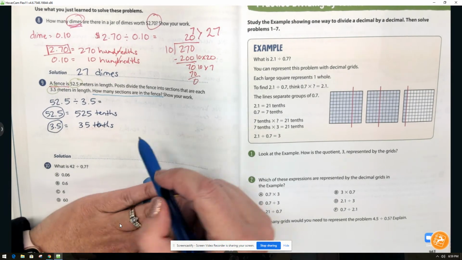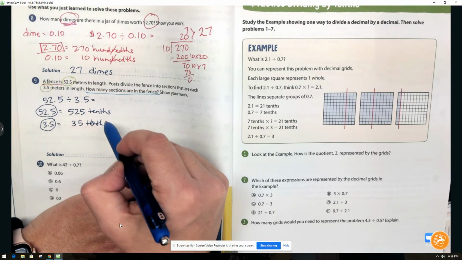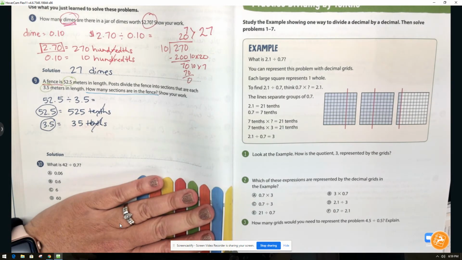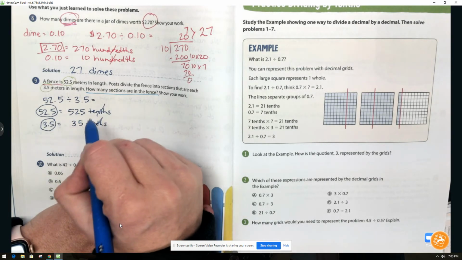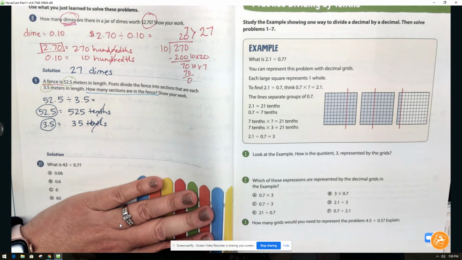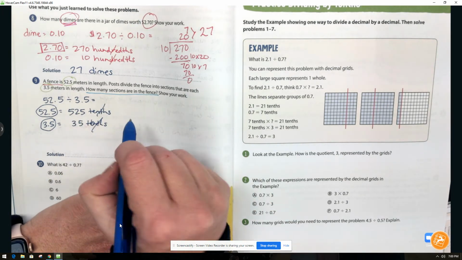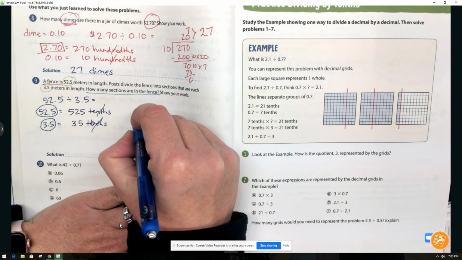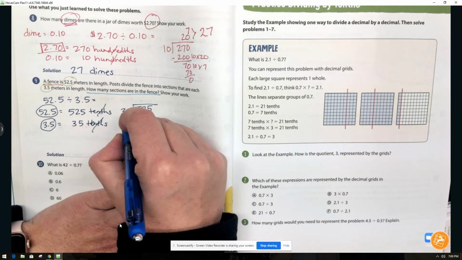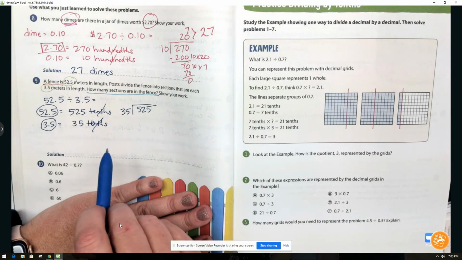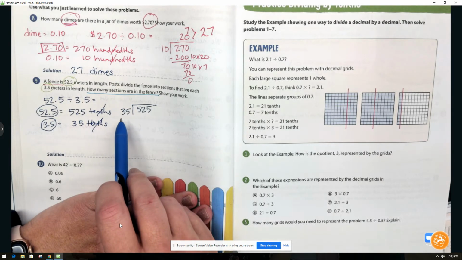And then we're going to divide the whole numbers, remembering that the tenths cross cancel, because a tenth divided by a tenth equals a whole. So then we've got 525 divided by 35. So let's see how this works.